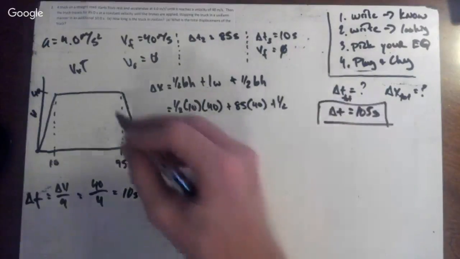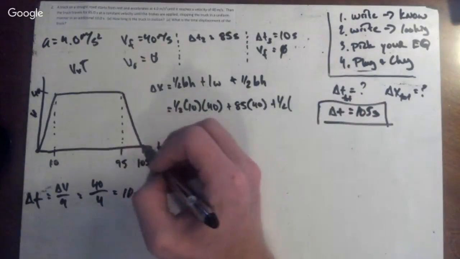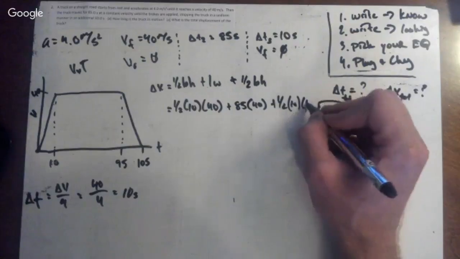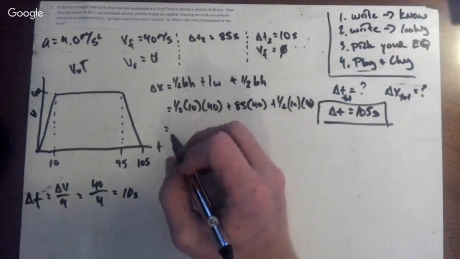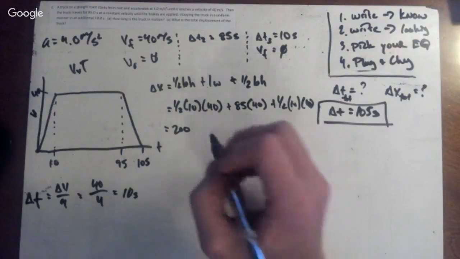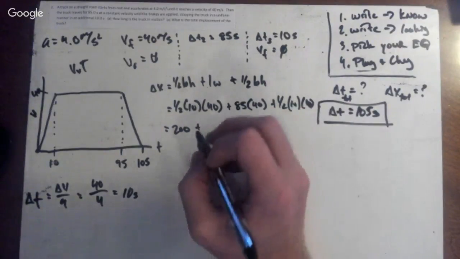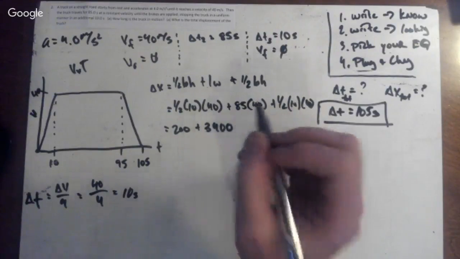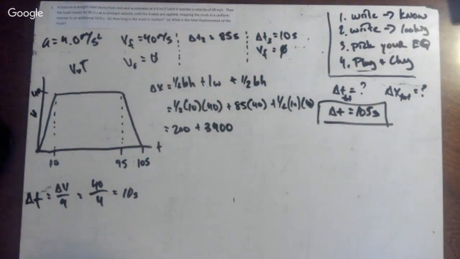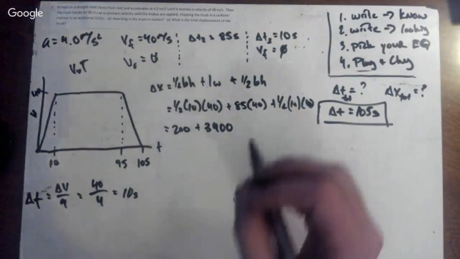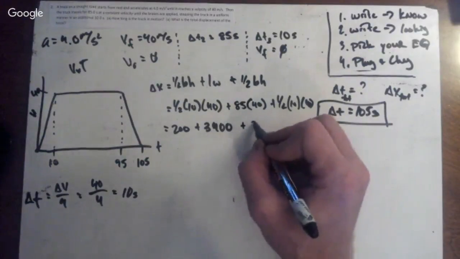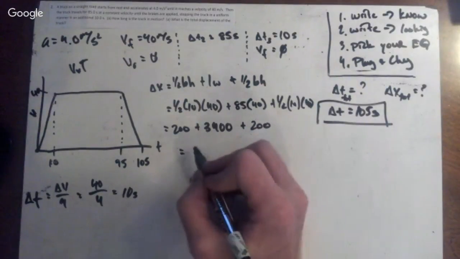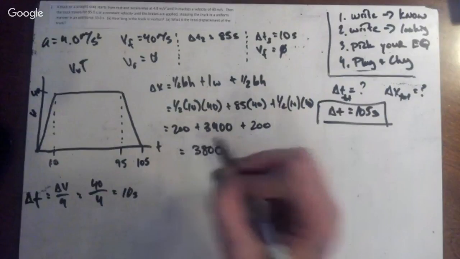Plus again 1/2 times 10 times 40. If we punch all that in, 10 times 40 is 400, so half of that is 200. 85 times 40 is 3,400. Plus another 10 times 40, or 400 divided by 2, 200. So the total is 3,800 meters. That's our delta x.